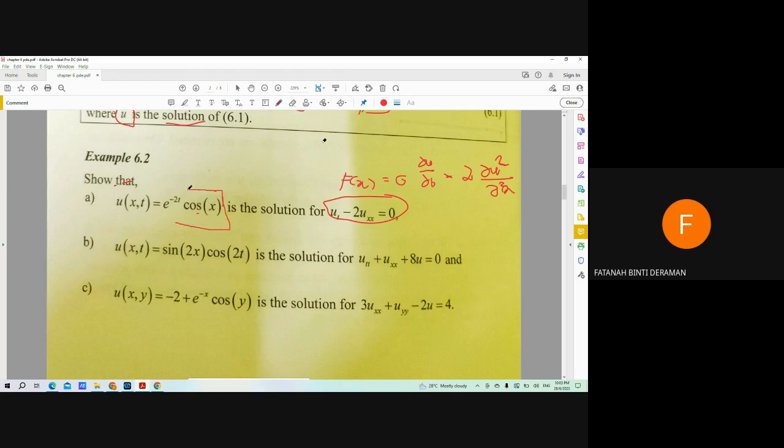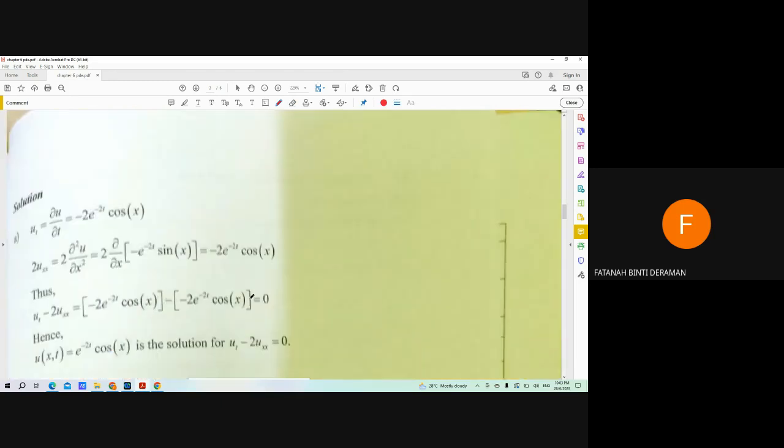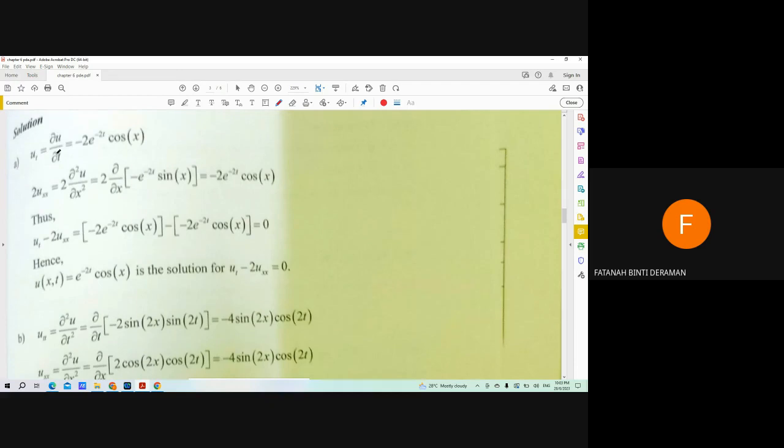This is a constant for the partial derivative of du/dt. So we have negative 2 e to the negative 2t cos x. So that is du/dt after differentiation.